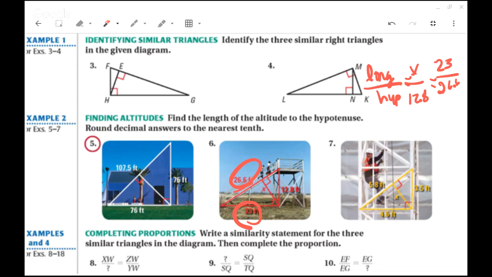Is there one you're stuck on? Number 14 on the worksheet. Okay, hold on.